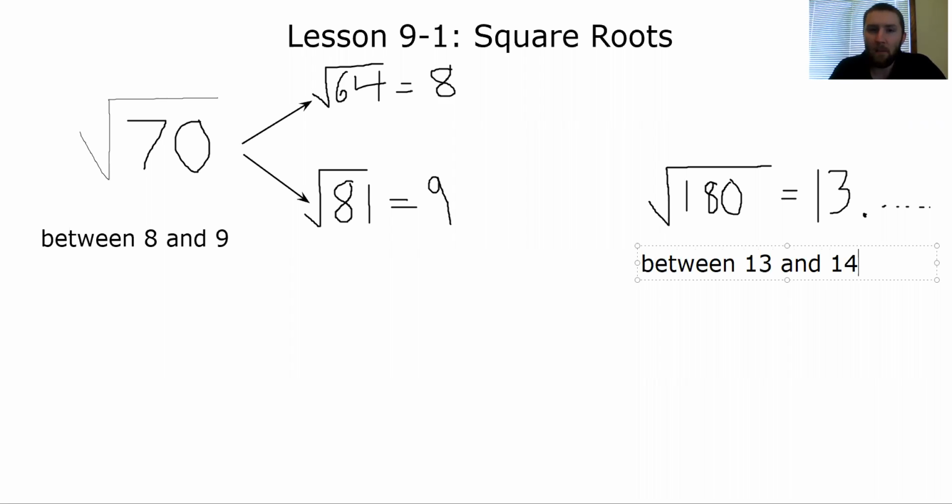So if you have a number bigger than 100, you can use your calculator to do that, or a calculator on your Chromebook should have the square root ability as well. If you get a decimal answer, just know that that square root number is in between those two integers. It's in between this number and then the next number up. So if it comes out 7.425, we know it's between 7 and 8. If it comes out 26.3, we know it's between 26 and 27.